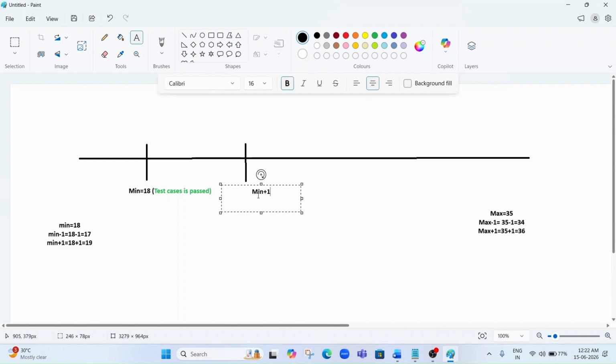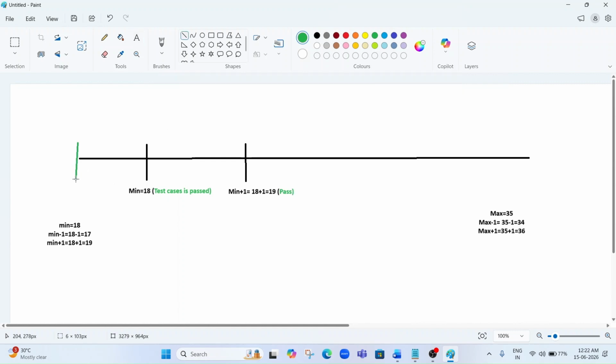Min plus 1 equal 18 plus 1 equal 19. So pass. This one is also pass because our government rule is set at minimum 18 to maximum 35. Okay.